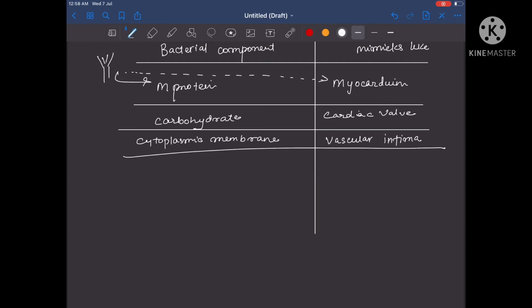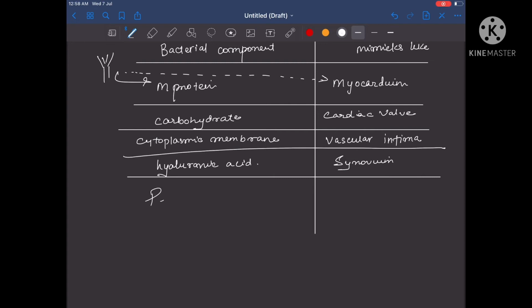Another one is hyaluronic acid, and it mimics synovium and cross reacts on joints. And the last one I'll write as peptidoglycan, and it mimics skin.